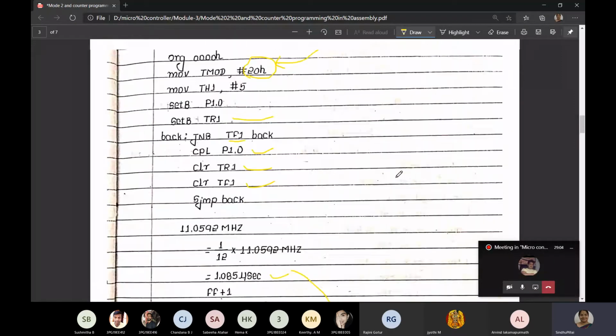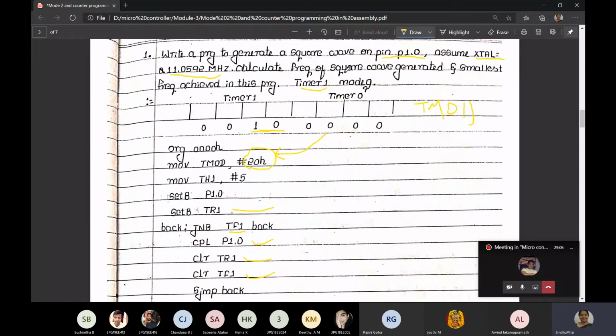What does this frequency represent? This frequency is the frequency of the square wave generated. Okay, this program they have given directly. This 5 they have taken directly. They have given the program and you have to calculate the frequency of the square wave generated.